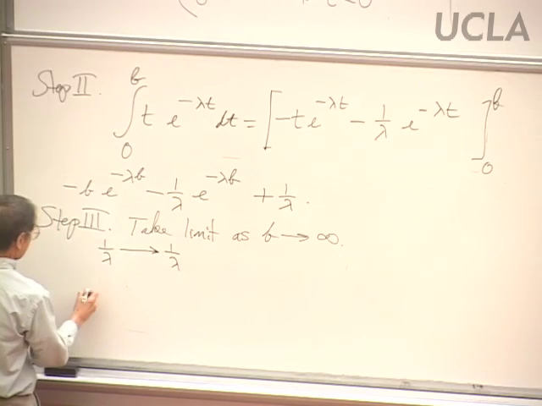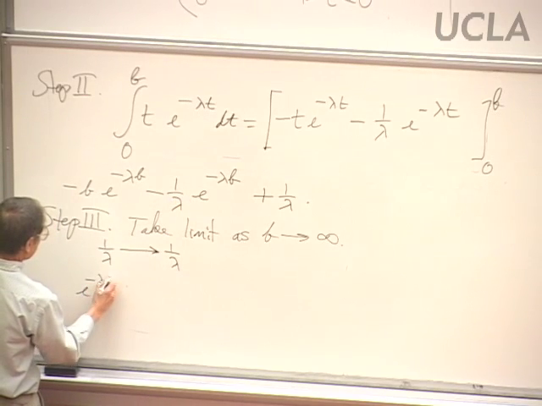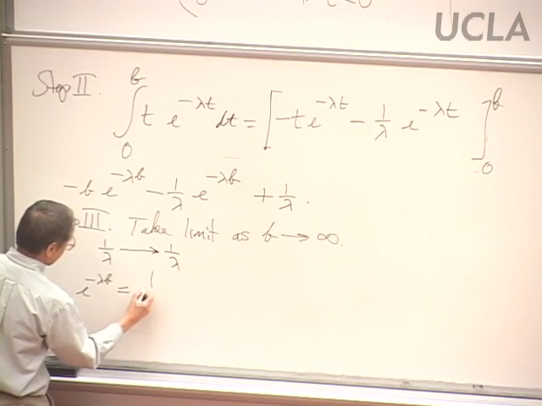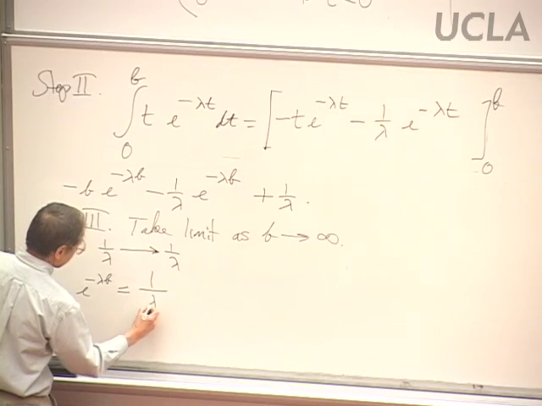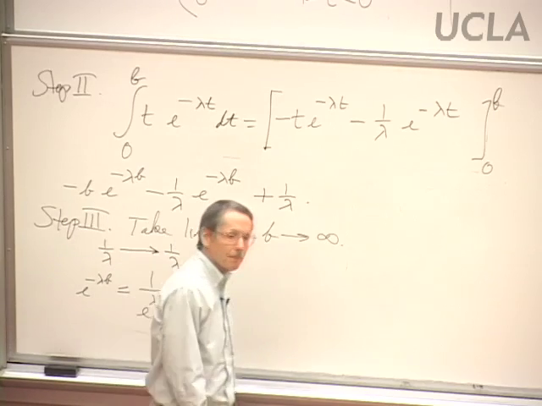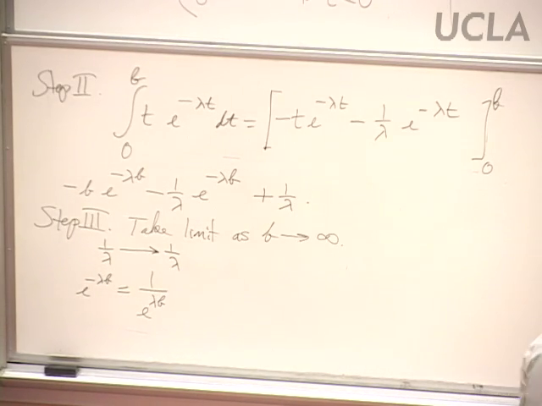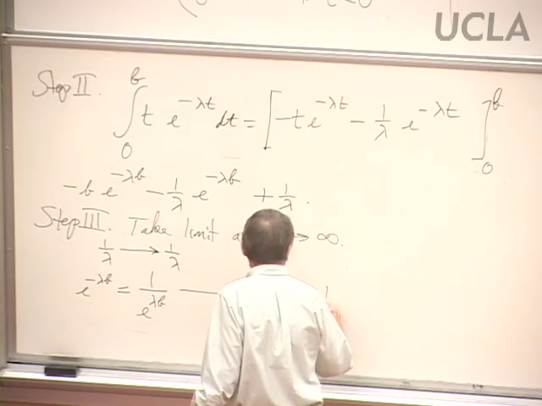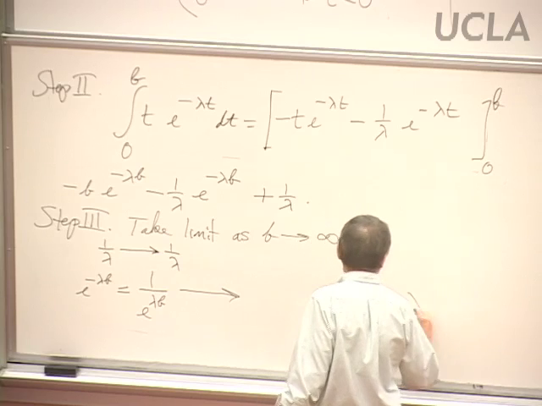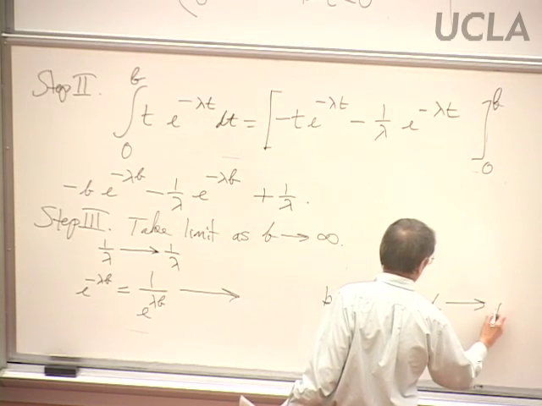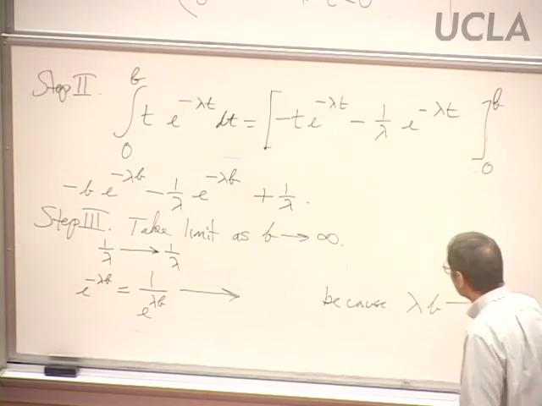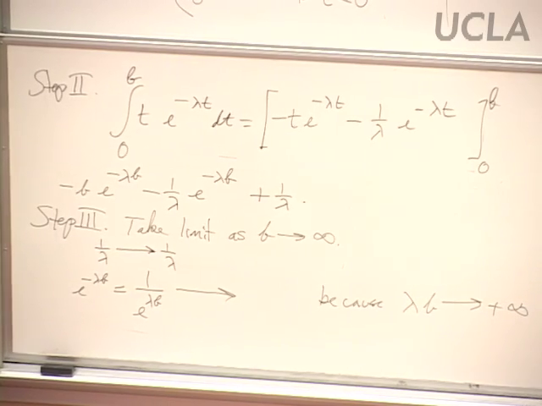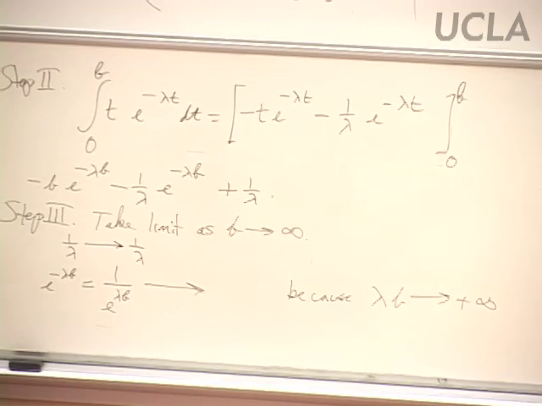What about e to the minus lambda b? Well, we can think of that as 1 over e to the lambda b, and lambda is positive. So as b goes off to infinity, lambda times b is going to go off to plus infinity. So what happens to e to the lambda b?